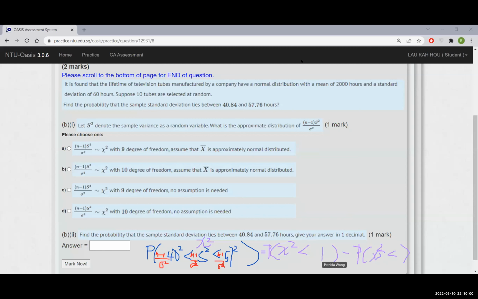The right means this one. This is your right. This is your left. Okay, you know?